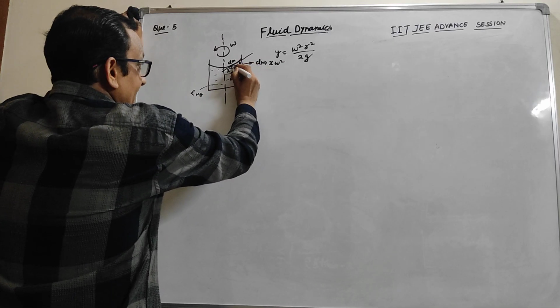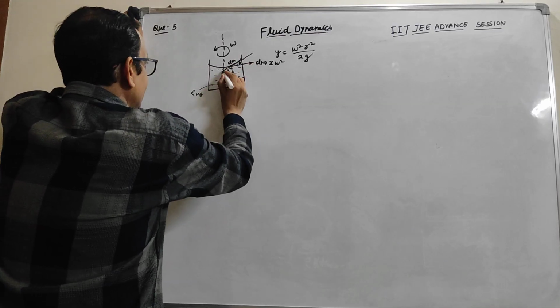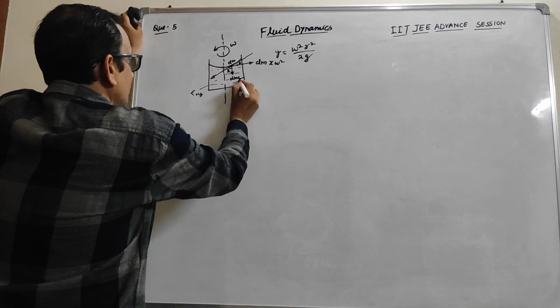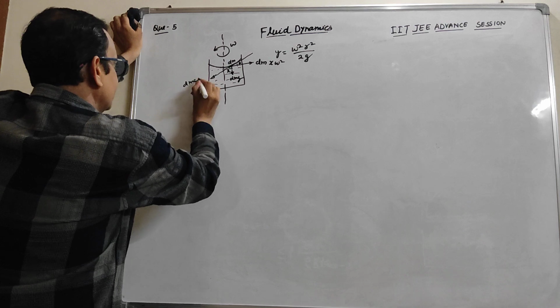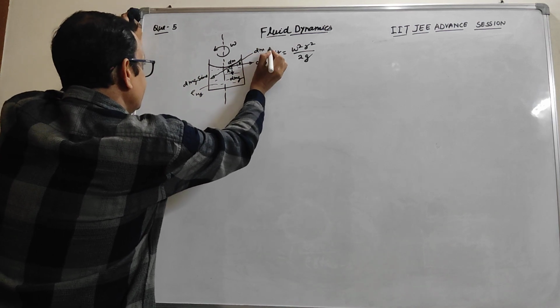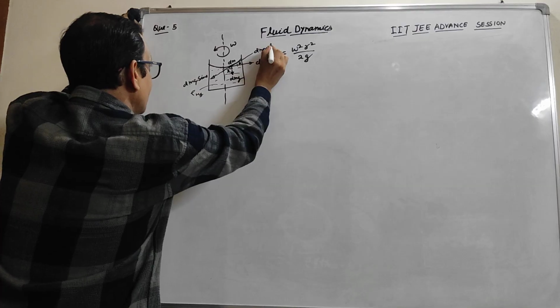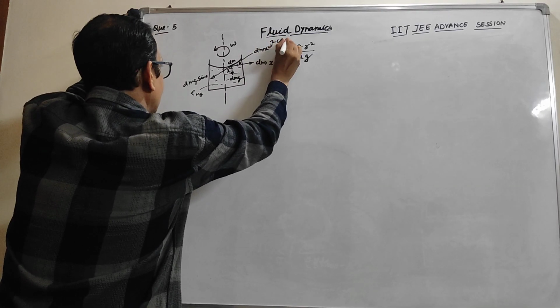The component of dm g would be dm g sin theta, and the component of centrifugal force would be dm x omega square cos theta.